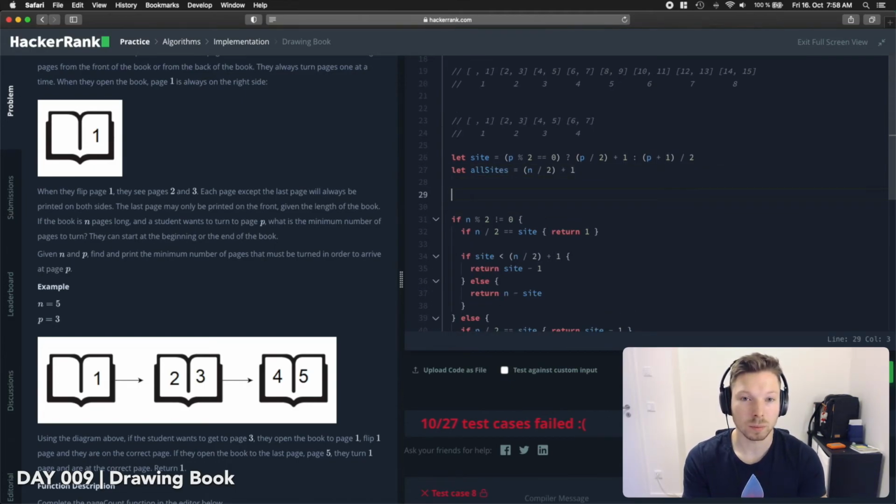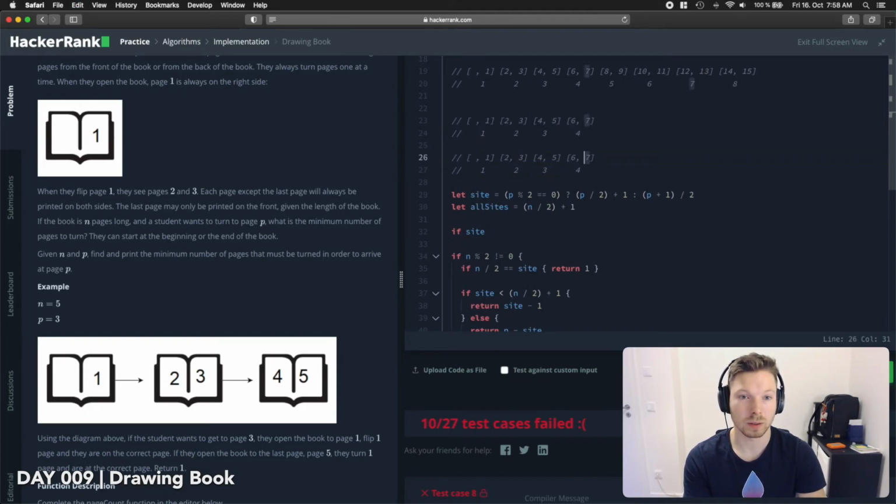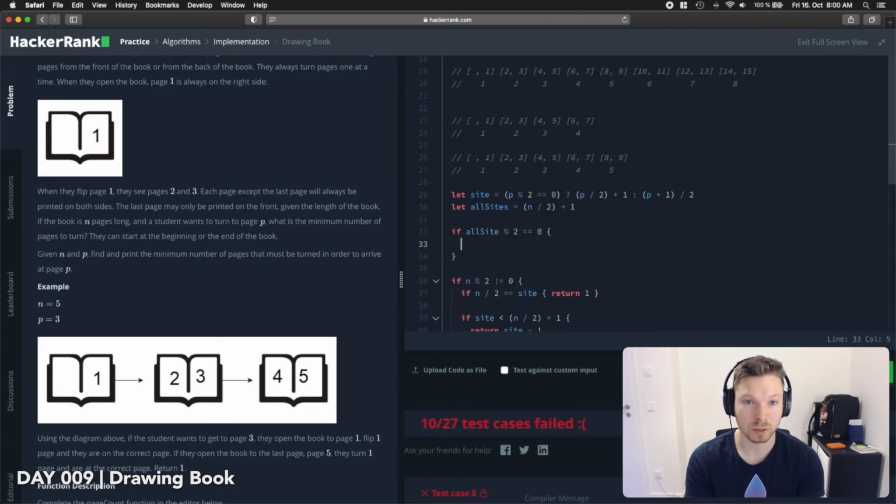So then, for example, if we are looking for side 2, if side is... All sides could also be 5, right? For example, in this case. So if all side divided, let's say modulo 2 is equal to 0, we know it's an even number. And then we can say if all side divided by 2 is smaller than side, basically the other way around.